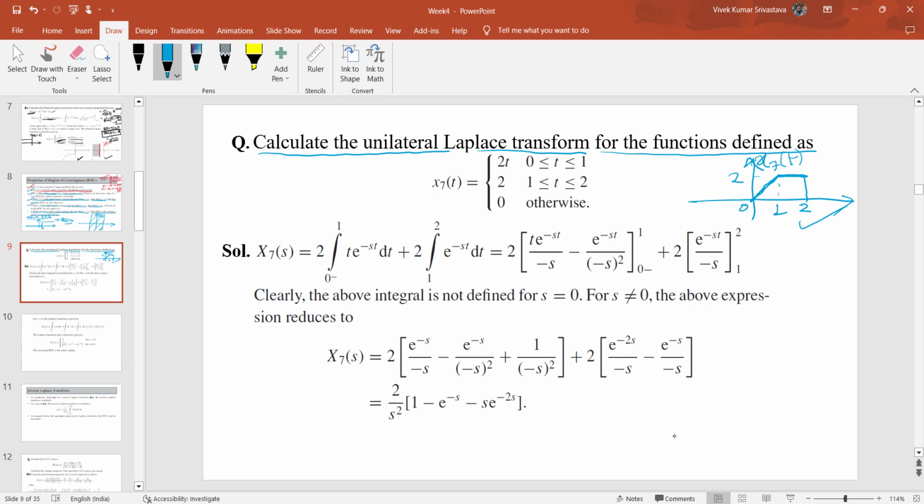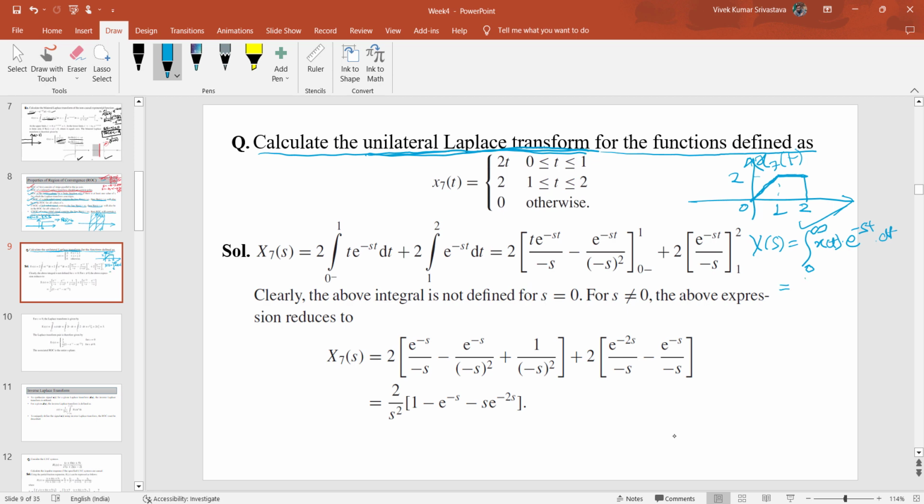The Laplace transform, as we know, is defined as X(s) equals the integral from minus infinity to infinity. But as it is mentioned in the problem that we have to calculate the unilateral Laplace transform, I'm considering the limit of integration from 0 to infinity of x(t) into e raised to the power minus st dt.